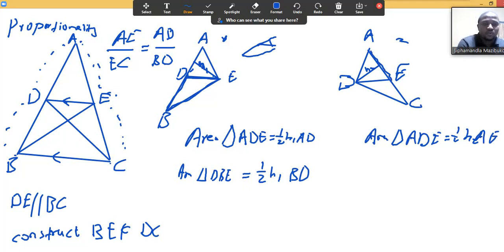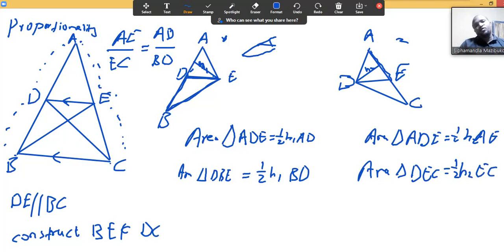Okay, so we're looking now at the area of the triangle, and we also look at the area of triangle DEC. That will be nothing but 1/2 times height, which is H2, and our base in this case will be EC.